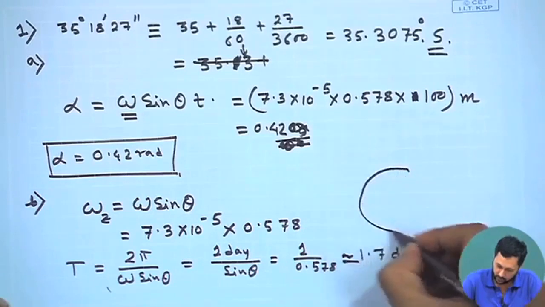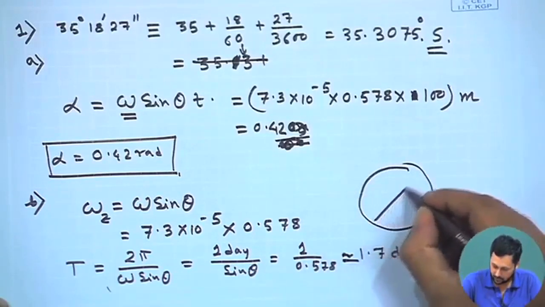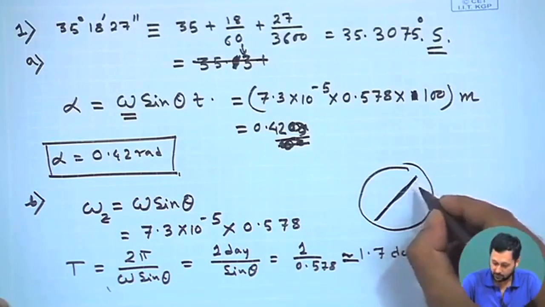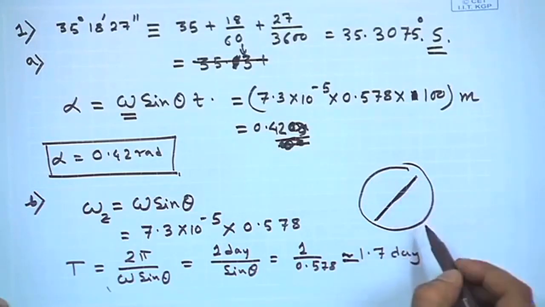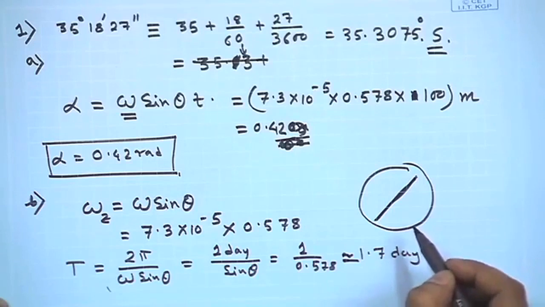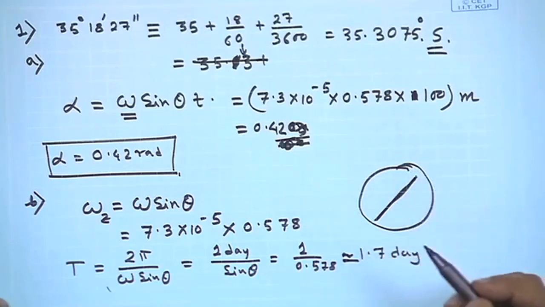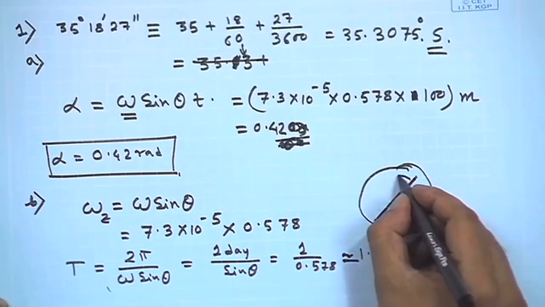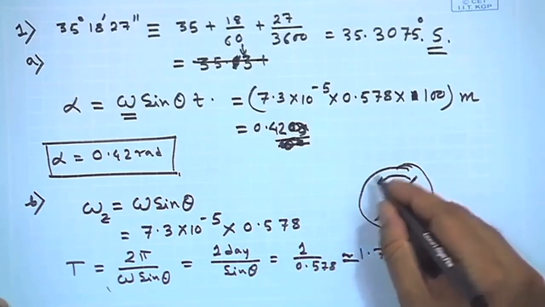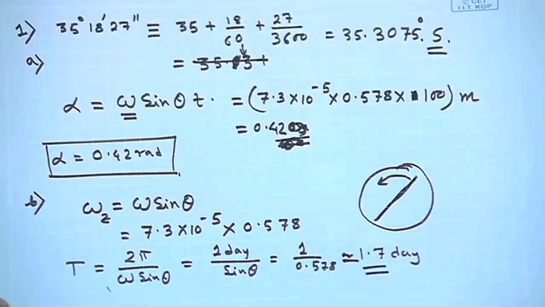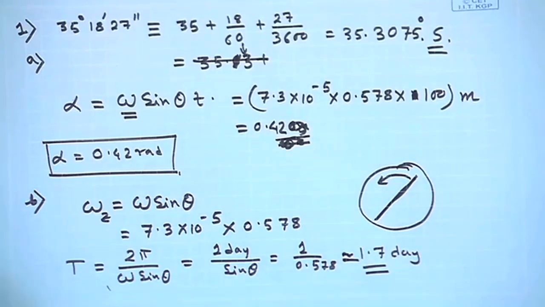Now, whether it will rotate clockwise or anti-clockwise: please recall, for a person standing in the southern hemisphere, the earth seems to rotate clockwise. So, the plane of the pendulum will rotate anti-clockwise. It will make a complete precession in 1.7 days.